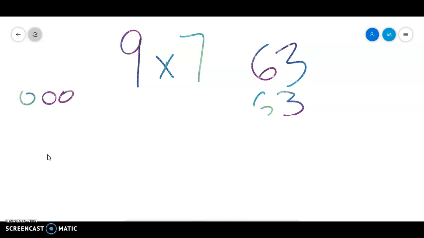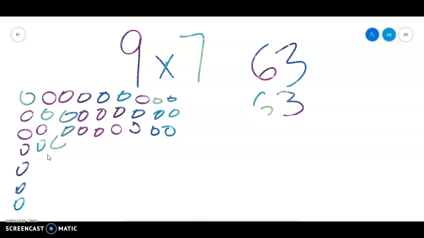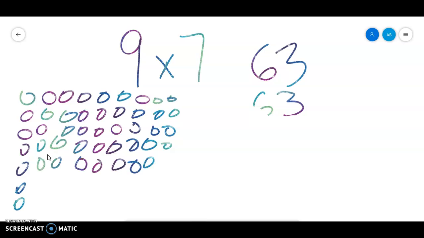I drew 9 in this row. And then 7 this way. And then 9 all the way across. And then after I drew all of my circles, I counted all of them, which gave me 63.